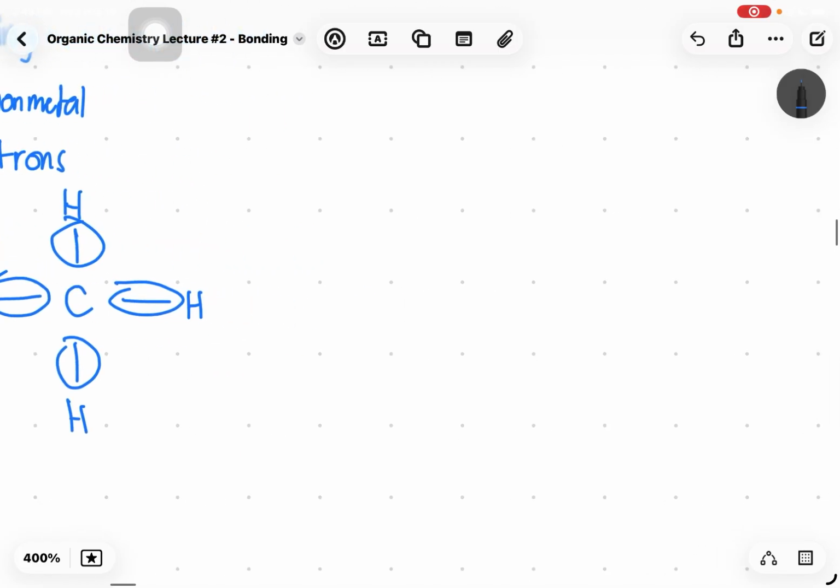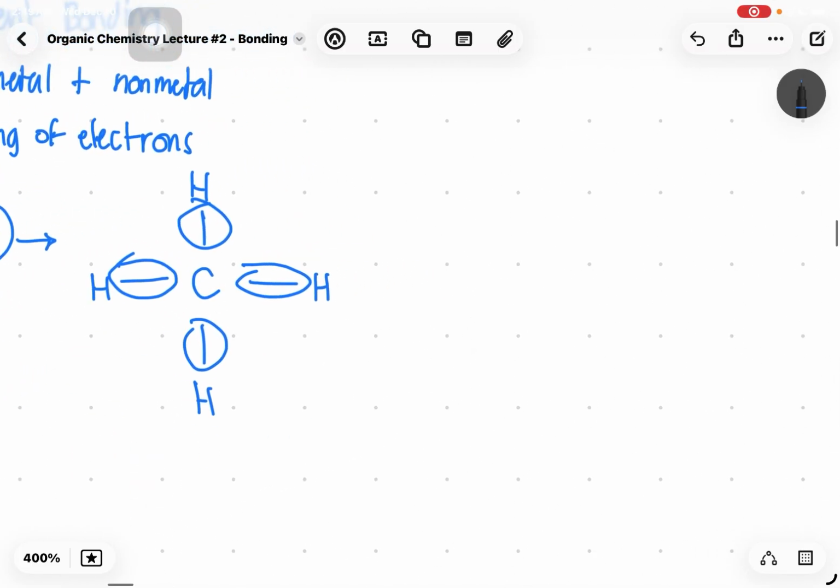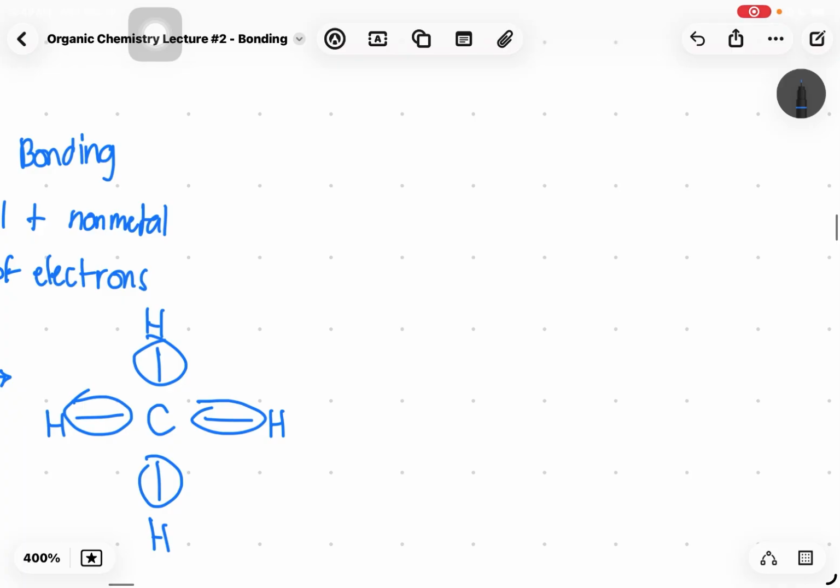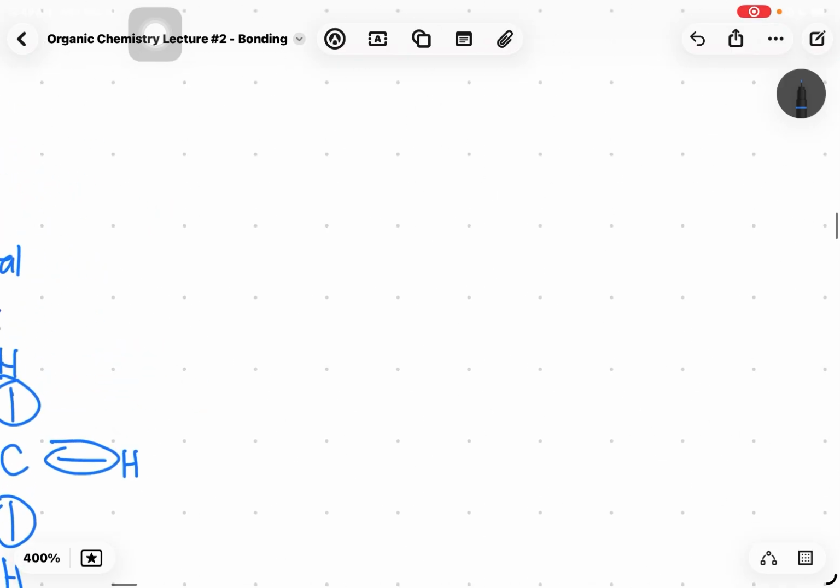So let's carefully try to understand what that means. So let's redraw the dot structures. So hydrogen has 1 each, or rather 1 valence electron each. Then carbon has 4 to give away.